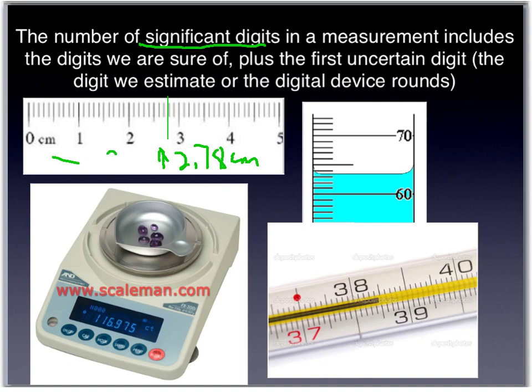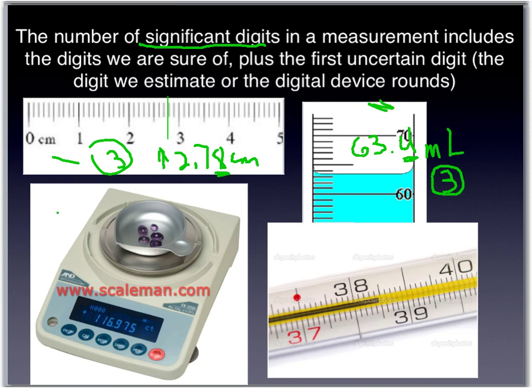So that number has 3 significant digits. We had to estimate the first uncertain digit. Look at the graduated cylinder over here. Reading that appears to be 63.4 milliliters. I had to estimate that one, and that measurement has 3 significant digits.